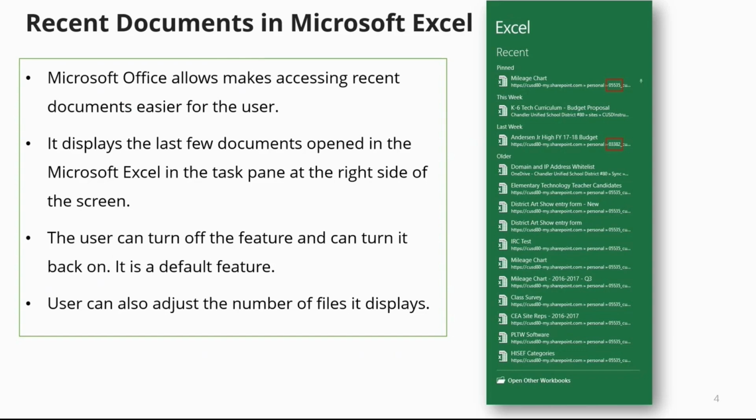Now let's say you're working on a balance sheet and you will be using it for quite some time. So every day you try to open it and work on it, or you will be using that to work on it after some time. So there's a lot of uses that you can do with those recent documents. Now there are two ways to locate that balance sheet.